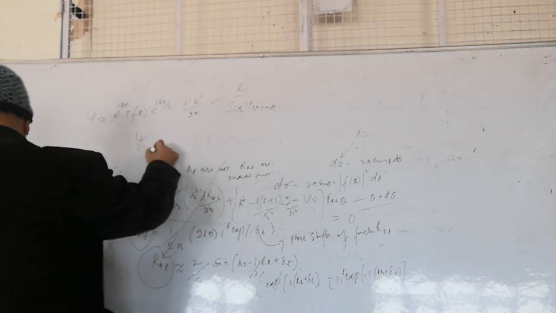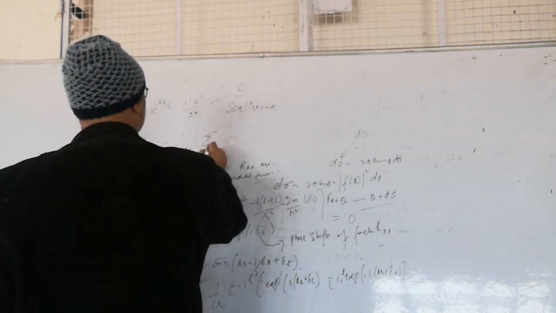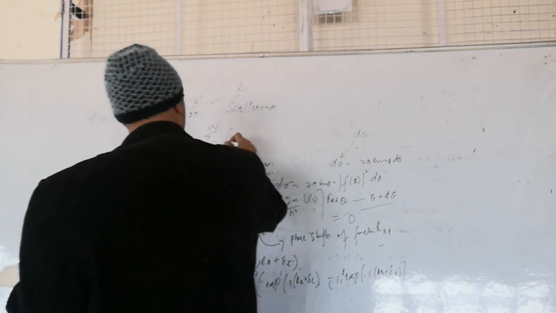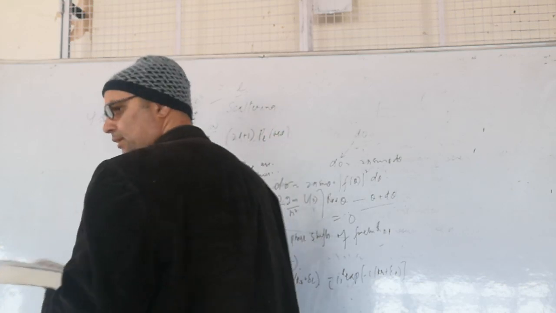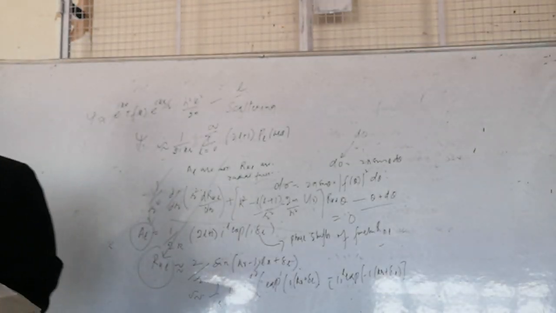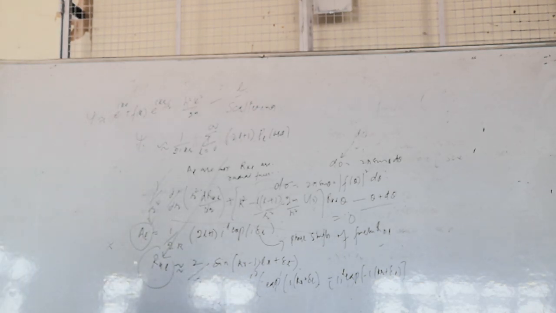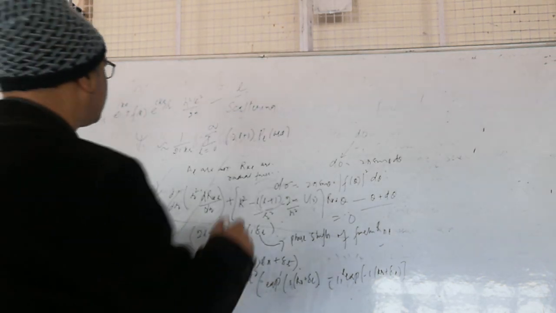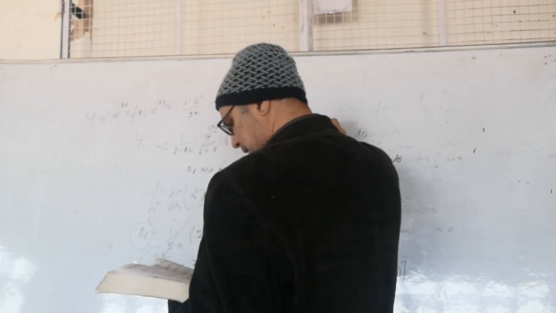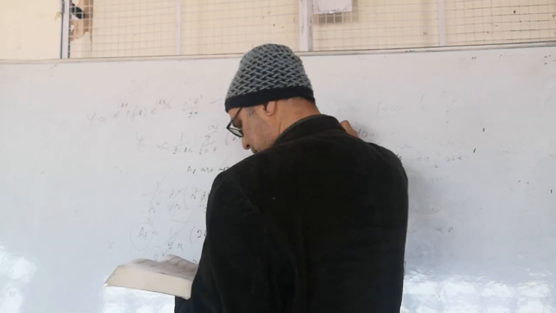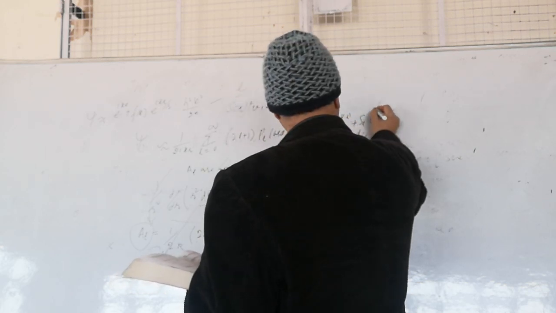Psi is approximately twice the sum over L from 0 to infinity of (2L + 1) P_L cos theta, times minus 1 to the L plus 1, e to the minus i k dot r plus S_L e to the i k r.